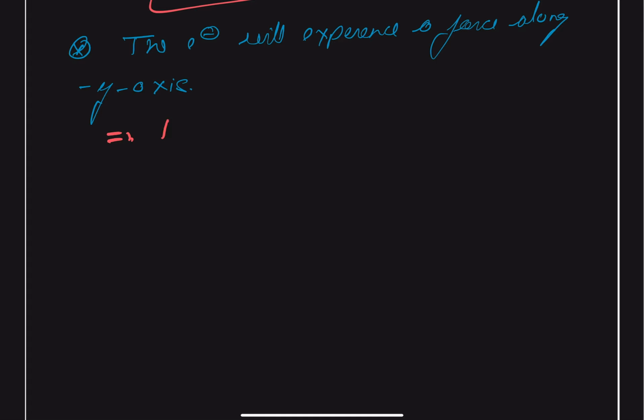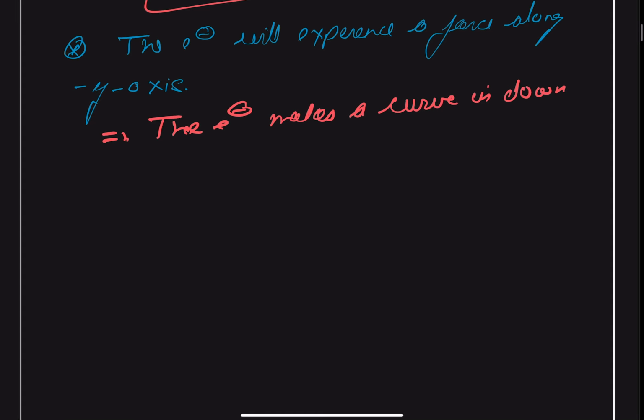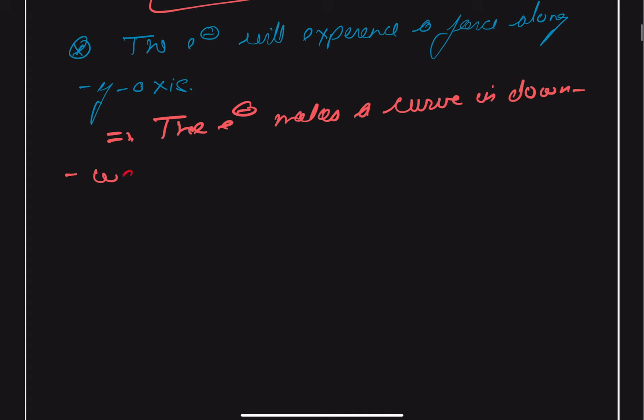Therefore, the electron makes a curve in the downward direction, and this curve can also be called a semicircular curve.